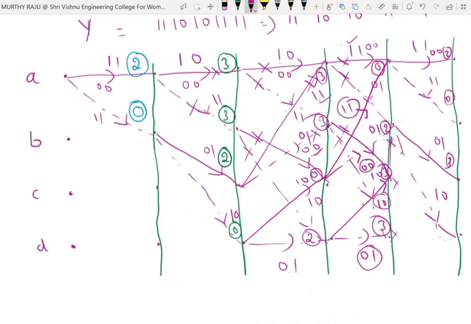Here 1 1 1 0, 1 change is there. 1 plus 2 is 3. This one is 3. These two are discarded. Finally 0 is there. This one is also discarded. This is the procedure.